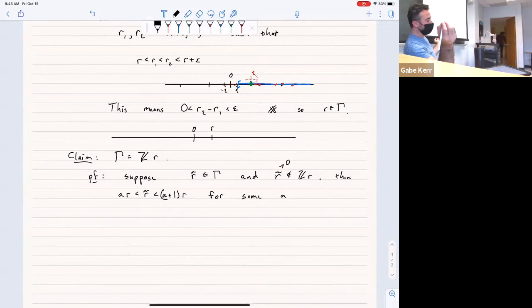If R tilde is not greater than 0, take the negative of it, make it positive.